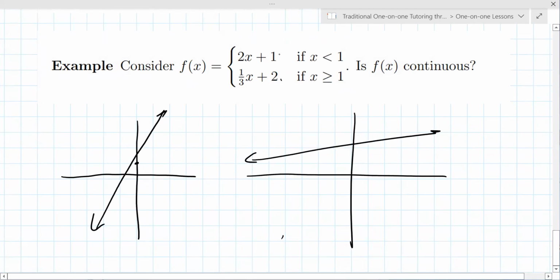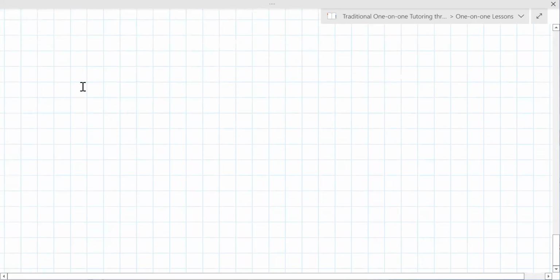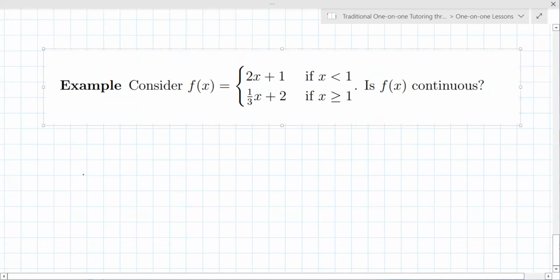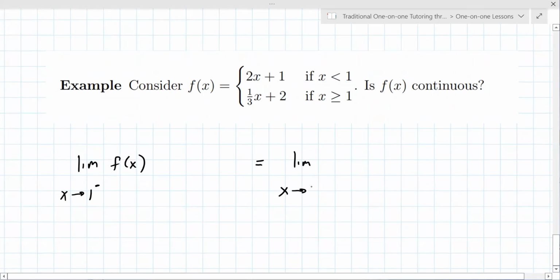Okay. So there's no individual problems, but because they're piecewise, they're broken apart at this value of 1. So you have to check, and this is what you were alluding to earlier, that the limit as x approaches 1 from the left of f of x equals the limit as x approaches 1 from the right of f of x. In terms of what you do, you're going to put 1 in each of those and see if you get the same output.